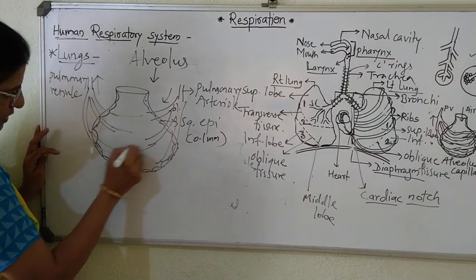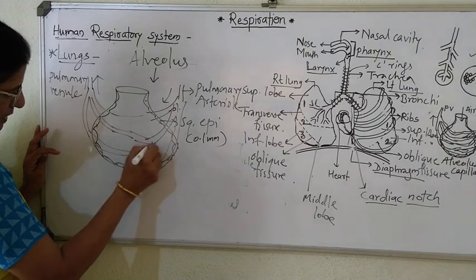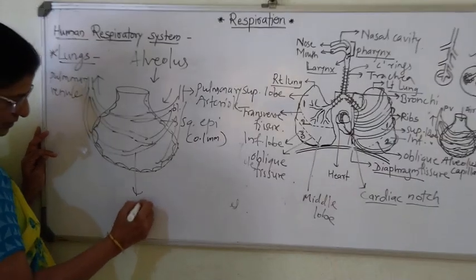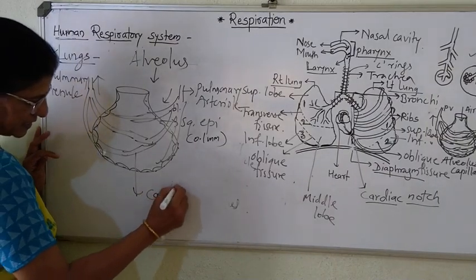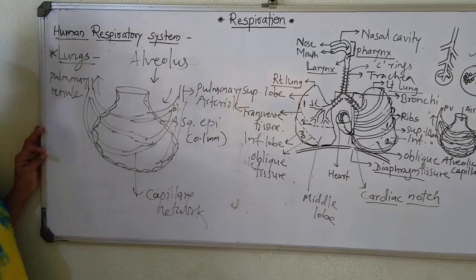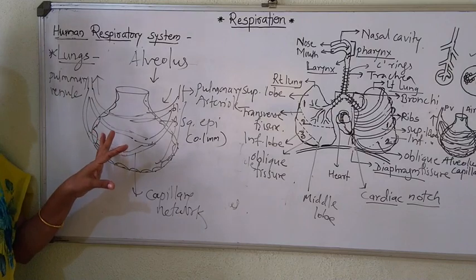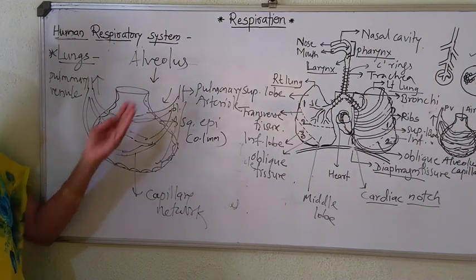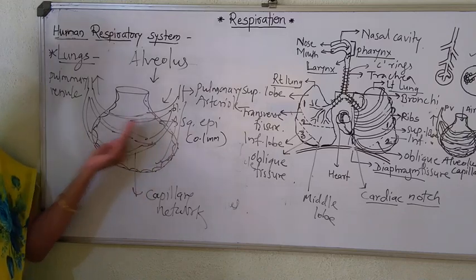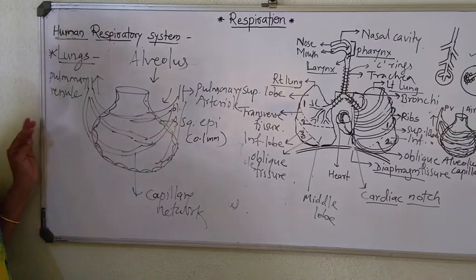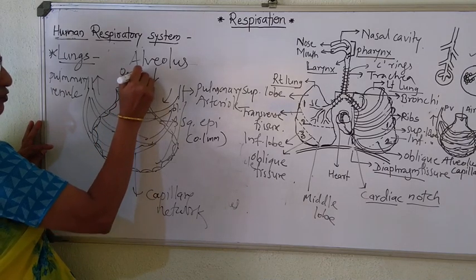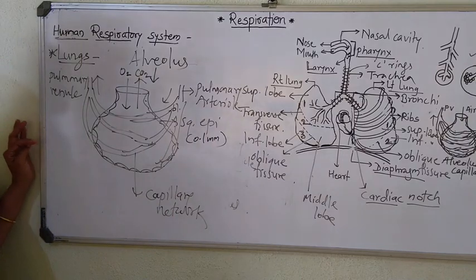They are connected to each other in this way, and this capillary network is very closely applied to the alveolus. So when blood flows around this alveolus, gaseous exchange occurs. That means oxygen is taken inside and CO2 is thrown outside.